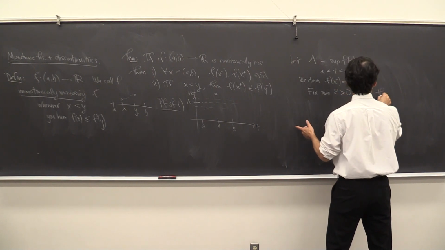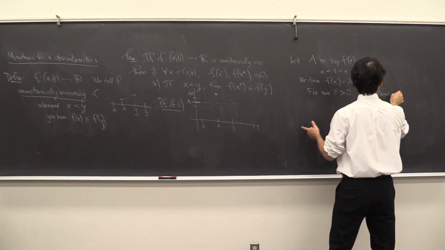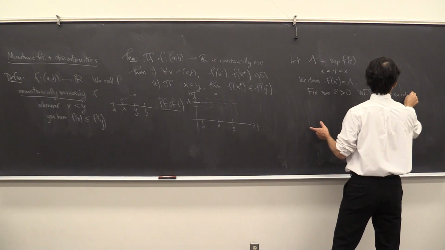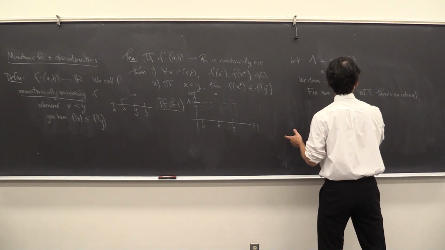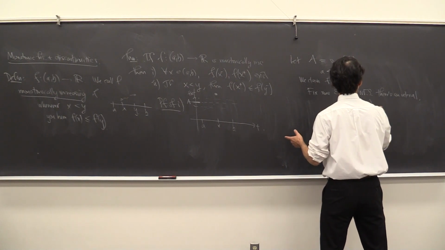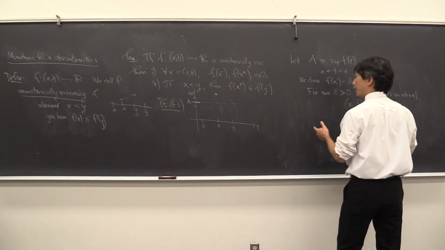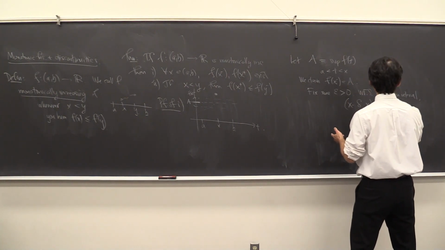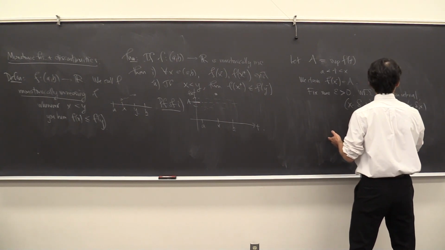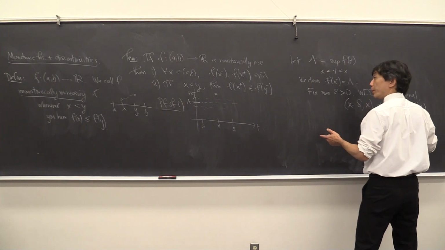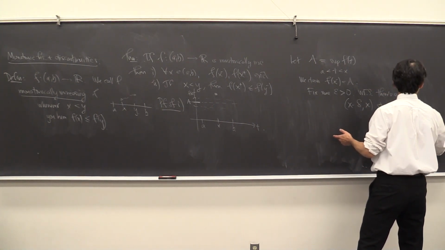We want to show that there's an interval x minus delta, x such that if t is inside there, then f of t is bigger than A minus epsilon.